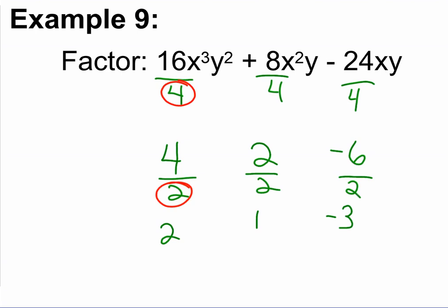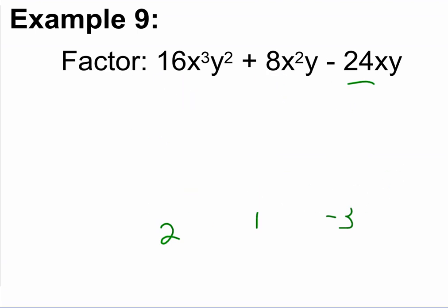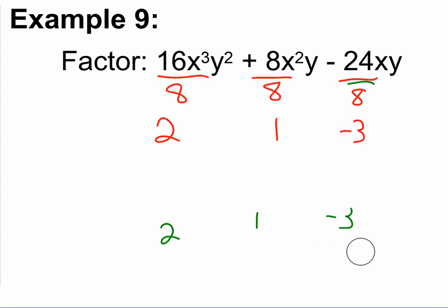I took a factor, 4 went into all of them, but it wasn't the biggest. And if you notice, 4 times 2 is 8. If I had divided everything by 8, I end up with 2, 1, and negative 3. So that is my greatest common factor.